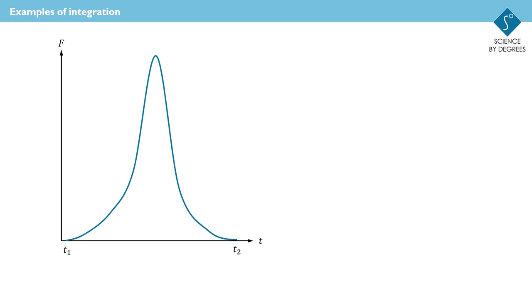Well, just like before, we can look at small time intervals, create rectangles, add up all the rectangles, and get an approximation to the change in momentum. And of course, as we shrink the time intervals, we get better and better approximations to the blue curve until when the time intervals in the limit go to 0, we model the blue curve exactly. And then instead of a sum of rectangles, we're dealing with an integral of the function for F.